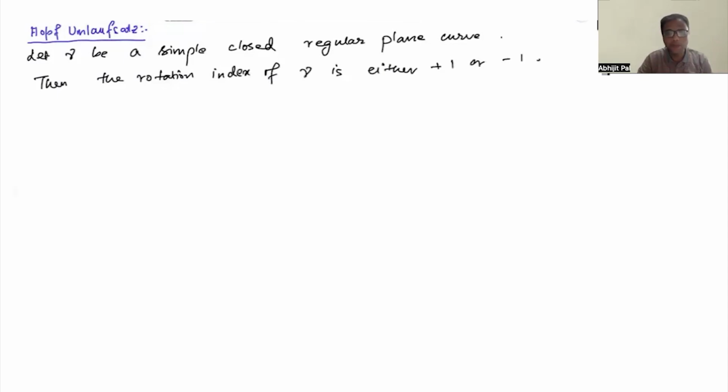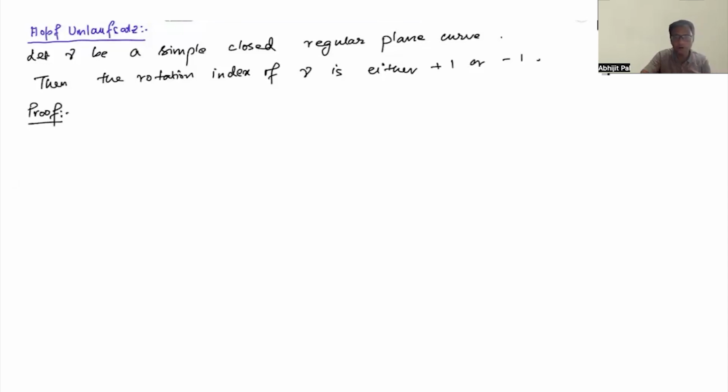What do we mean by a simple curve? A simple curve does not self-intersect other than at the endpoints. Now let us try to prove this.